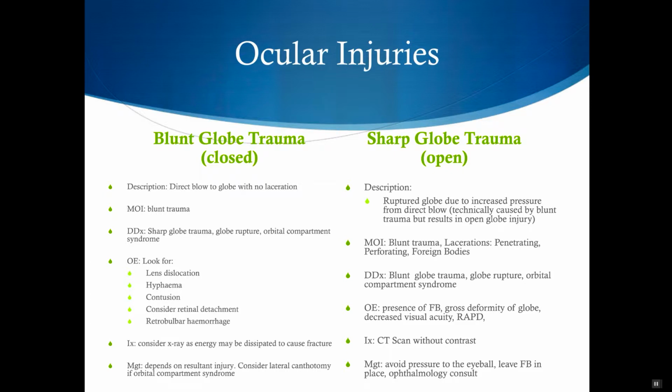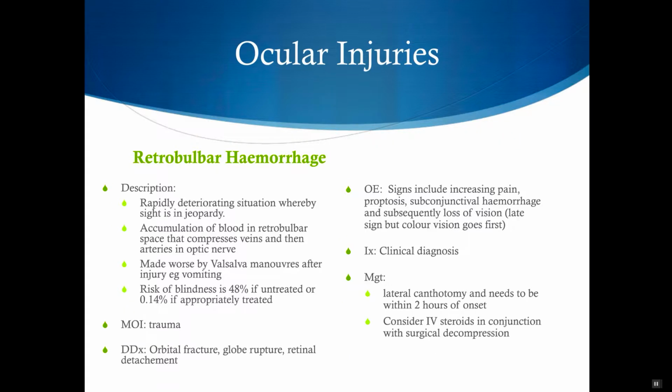On examination, you obviously want to take a look to see if there's a foreign body. You want to take a look if there's any kind of gross deformity to the eye itself, decreased visual acuity, and if they have a relative afferent pupillary defect. In terms of investigations, you want to do a CT scan without contrast. In terms of management, obviously avoid any kind of pressure to the eye. Leave the foreign body in place, and they need an emergent ophthalmology consult.